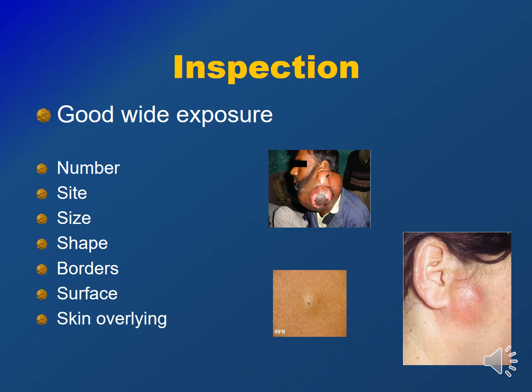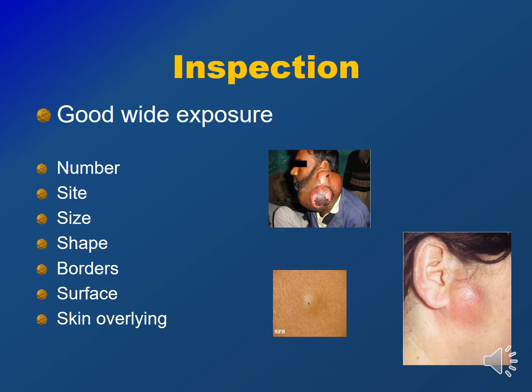Skin overlying. We have to comment about the skin overlying. In these pictures we have an ulcerating area on the upper photos. In the lower left one we have a punctum, which is characteristic and pathognomonic of sebaceous cyst of skin. On the lower right one, we can notice an inflammatory process: redness, edema, glistening of the skin, and this is mostly confirmed with the history.